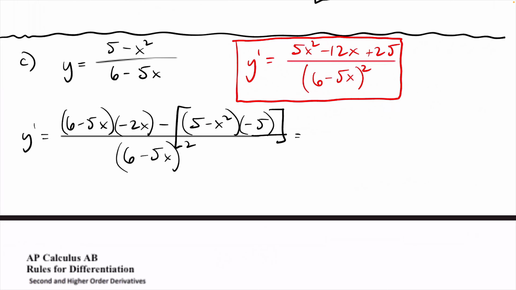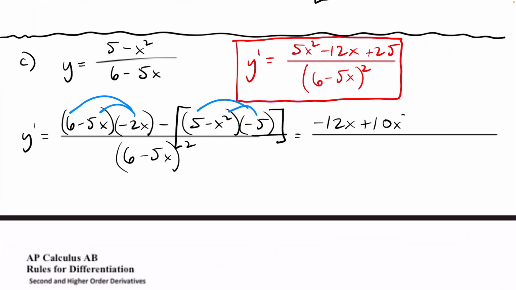So over here, I'm going to distribute. And then over here, I'm going to distribute. So I'm going to get negative 12x plus 10x squared, because I distributed the first guy. And then I still have a subtraction, and I still have brackets.